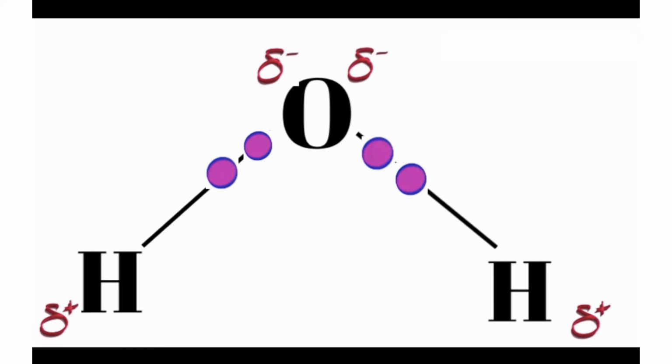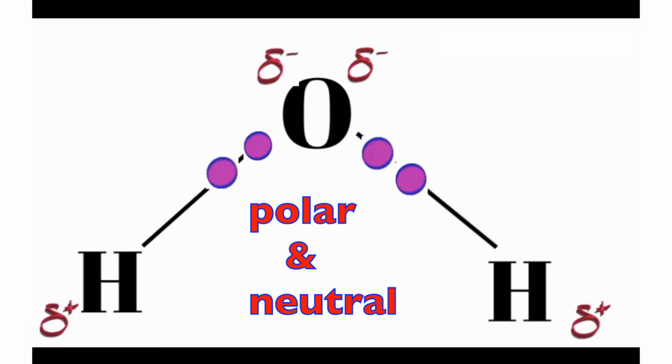Because there are 2 partial negative charges and 2 partial positive charges, those cancel each other out, and water is a neutral molecule, neutral with regard to charge. There is no overall charge to the water molecule. There's certainly a charge on the hydronium, on the hydroxide, on the lone hydrogen ion, but this water molecule is neutral. It has no charge, but it is polar.